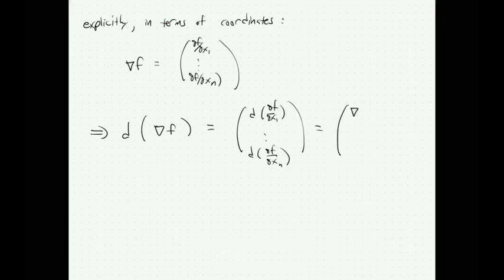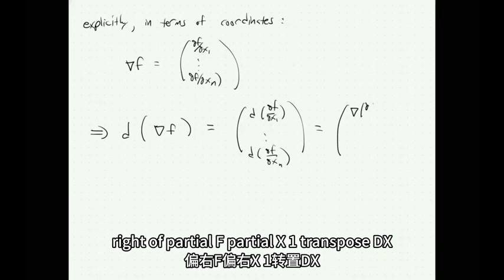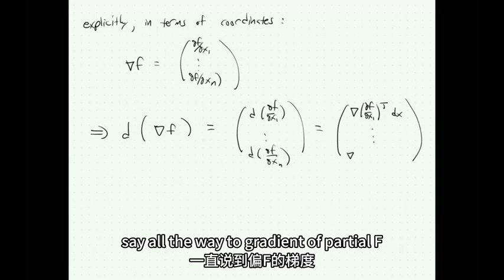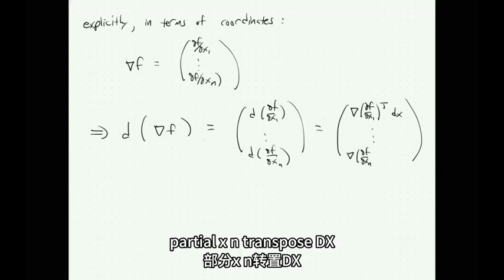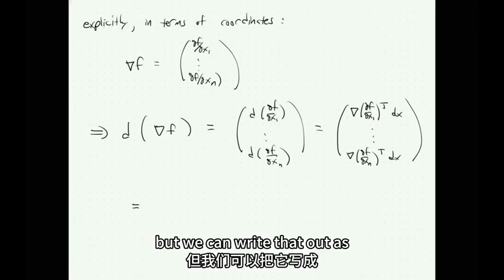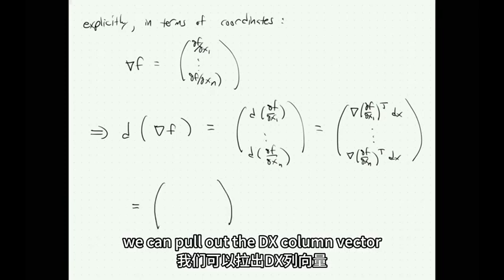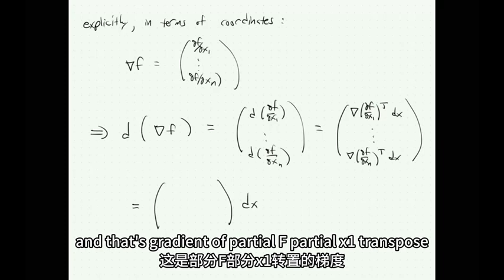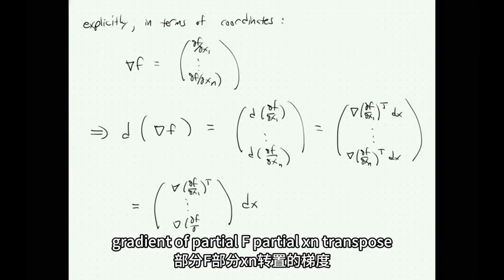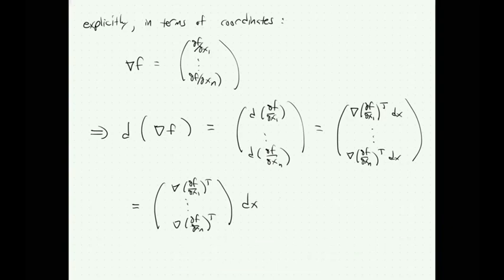a gradient of partial f, partial x1 transpose dx, all the way to gradient of partial f, partial xn transpose dx. But we can pull out the dx column vector, and that's gradient of partial f, partial x1 transpose all the way to gradient of partial f, partial xn transpose.